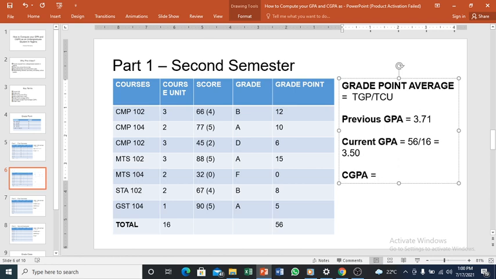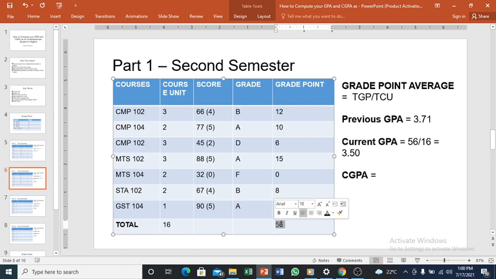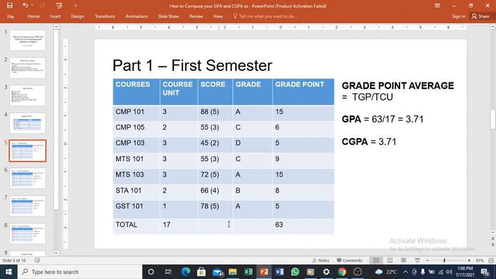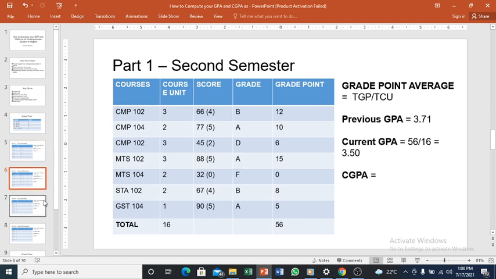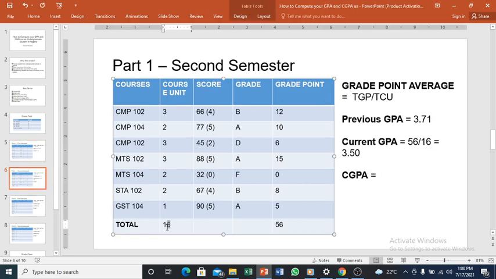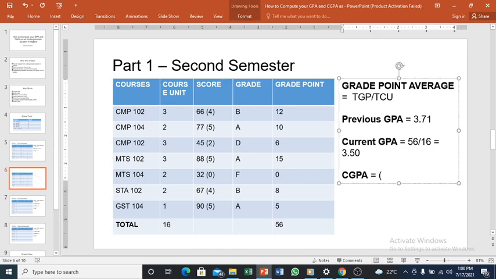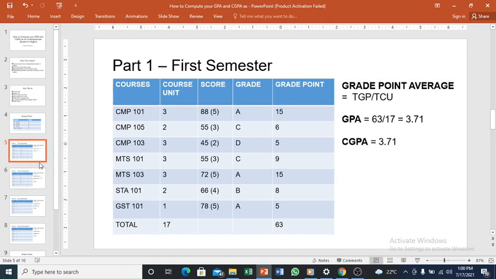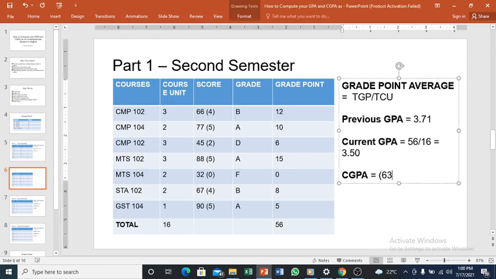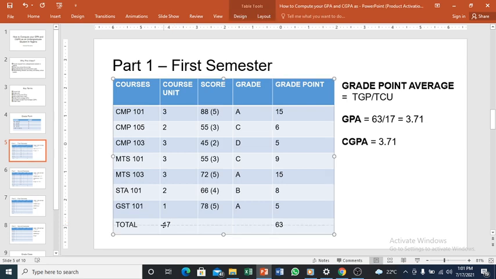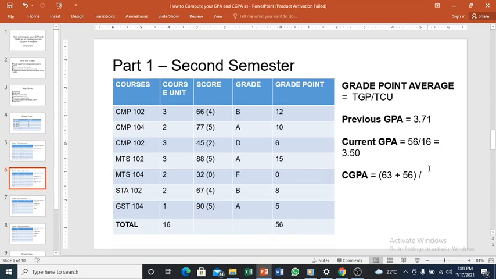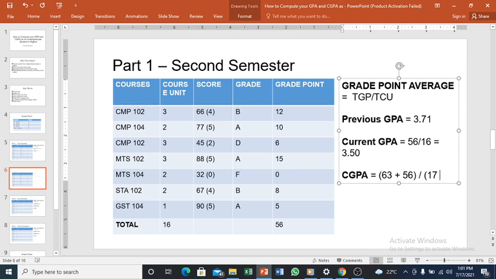Now, how do we get the cumulative? This is how you get the cumulative. We look for the total grade points of all the semesters the student has done, which is first semester and second semester, divided by the total course units that the student has offered so far. For the first semester, the total grade point is 63. So we have 63 plus, for this current semester, 56, divided by the previous total course unit, 17, plus this current semester, which is 16.